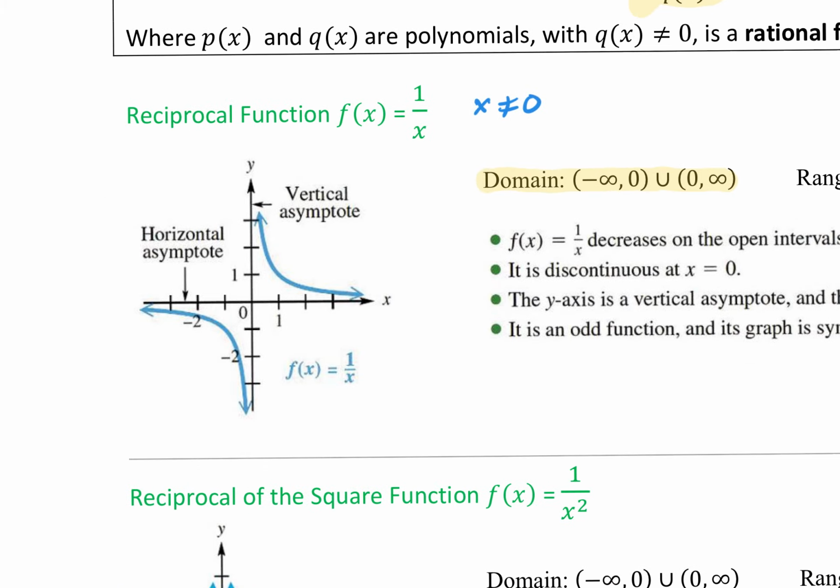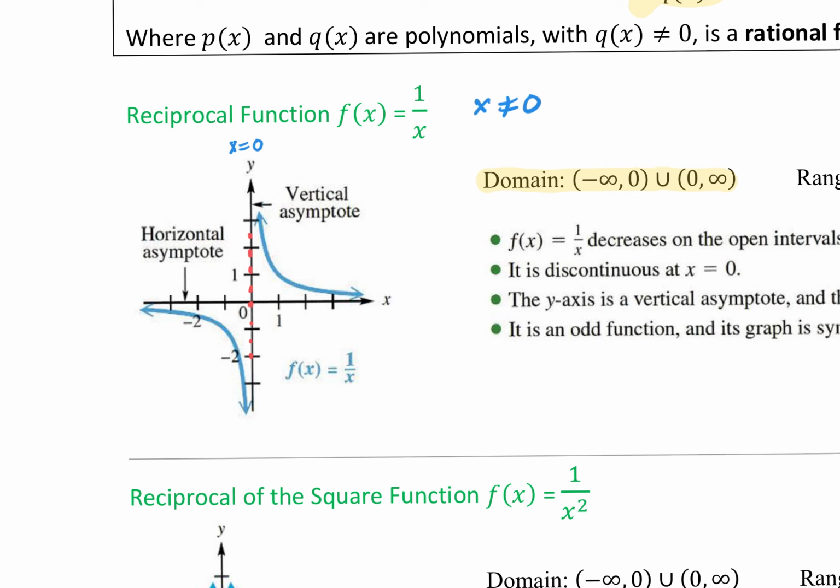And in fact, the y-axis is the vertical line x is equal to 0. Imagine taking any point on this y-axis, and you'll see that the x value is always 0, which is why my graph will never touch or cross the vertical line x is equal to 0.